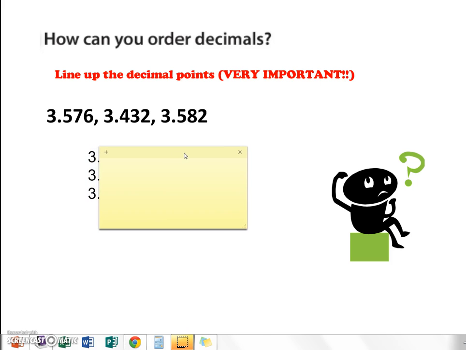Then I move it over to the right, and if I were going to put this from least to greatest, I don't have enough information here to do that. So I move it over to the right, and now I can see that the smallest one is visible. This 4 is less than both of these 5s.